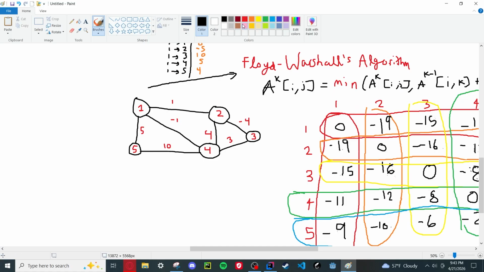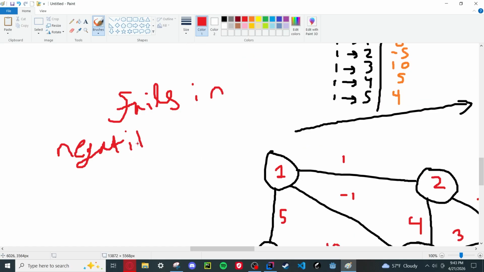Floyd-Warshall also fails with negative cost cycles.